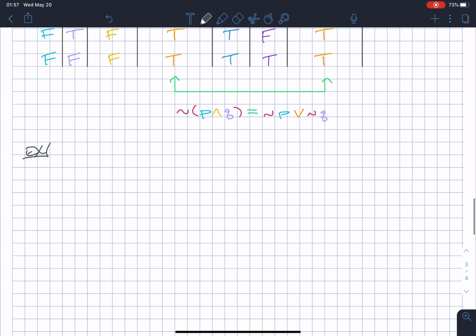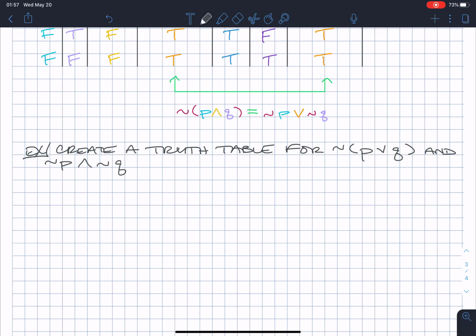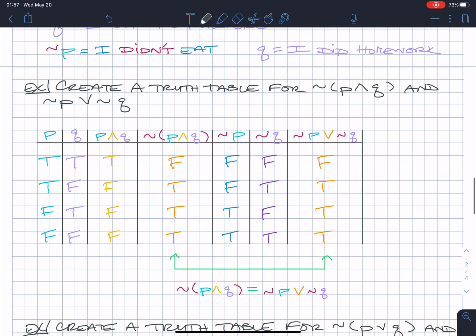Okay, so let's create a truth table. For the negation. Well, last time we did an and, so let's negate an or. So negate P or Q, and not P and not Q. See how those two are related.